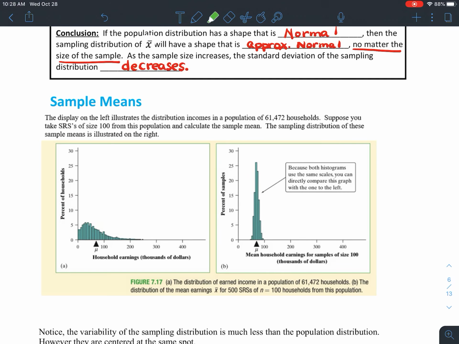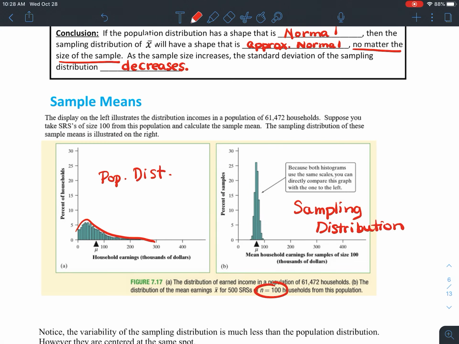Okay, this is the population distribution, which feels like it has almost a right skew to it. And then over here, this is the sampling distribution. If you took samples of size 100 and calculated the average income of each of those samples, you'll notice that here we're getting what looks like approximately normal.